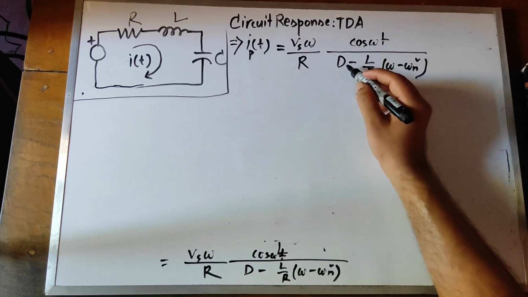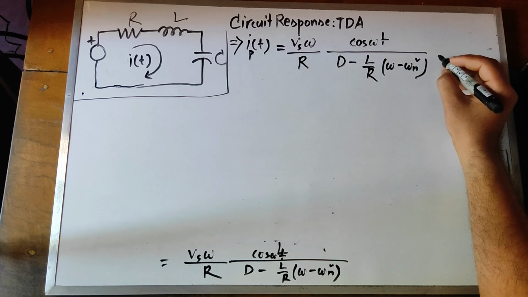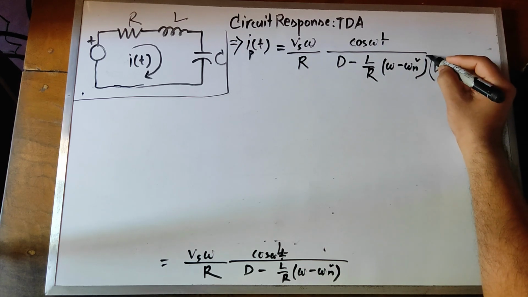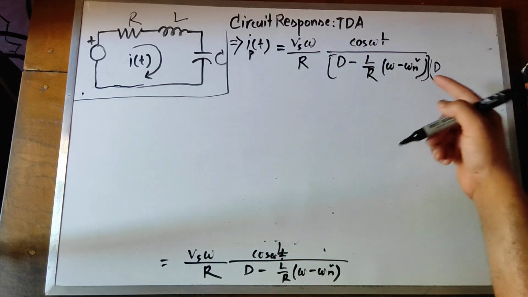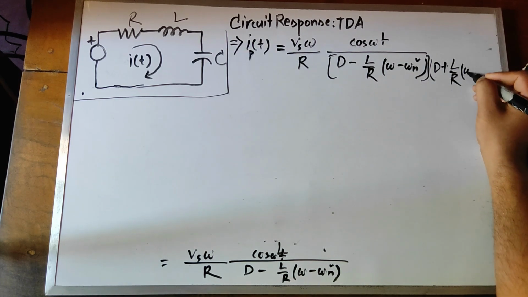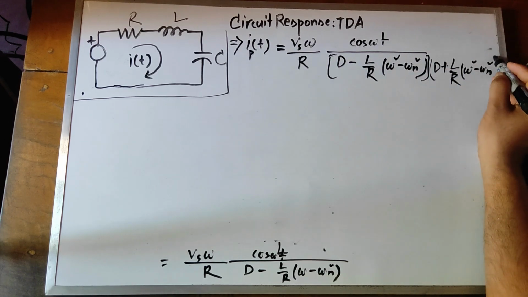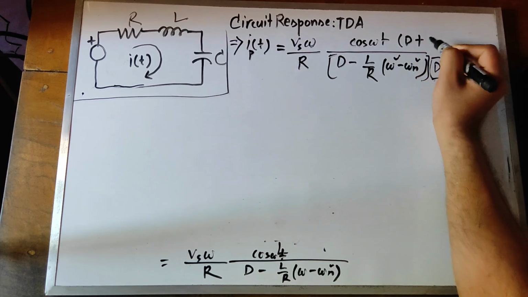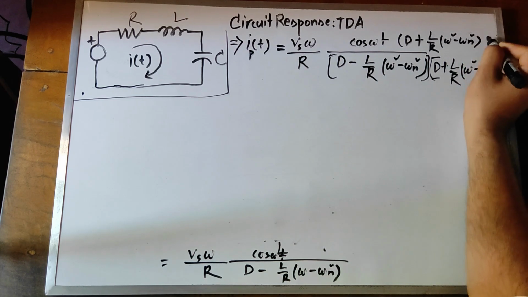I want a D squared term in the denominator, so I will use the algebraic formula a squared minus b squared. For this I need D plus L by R (omega squared minus omega n squared).